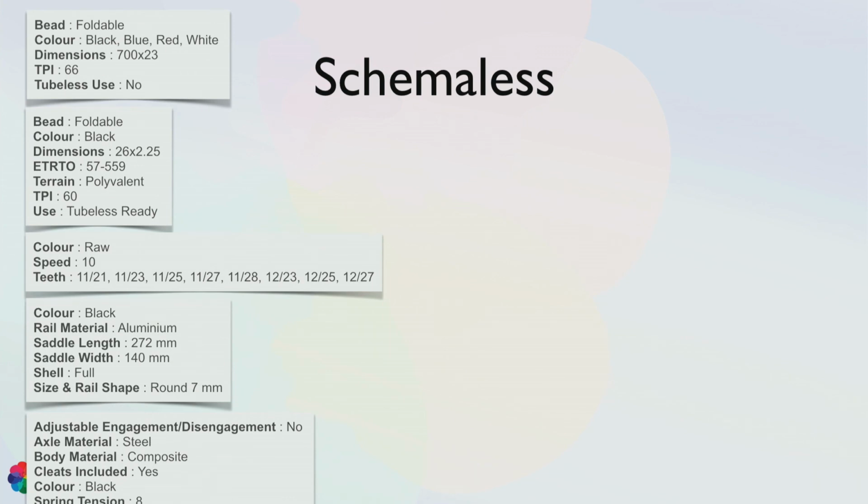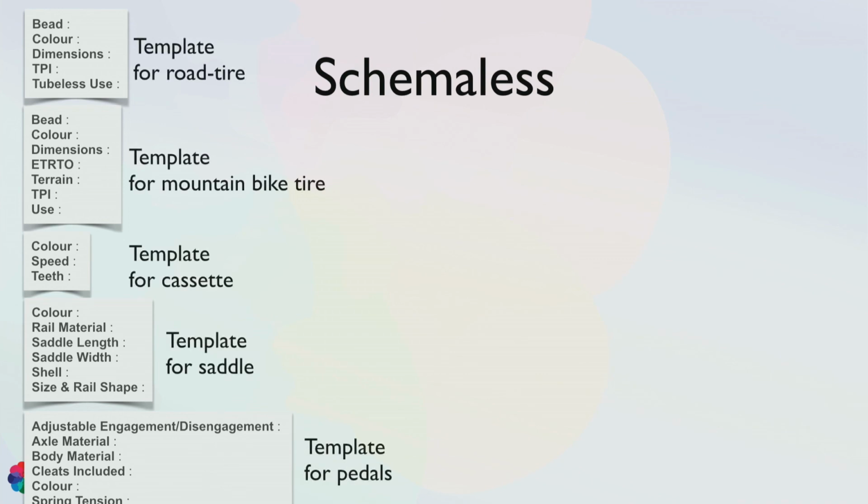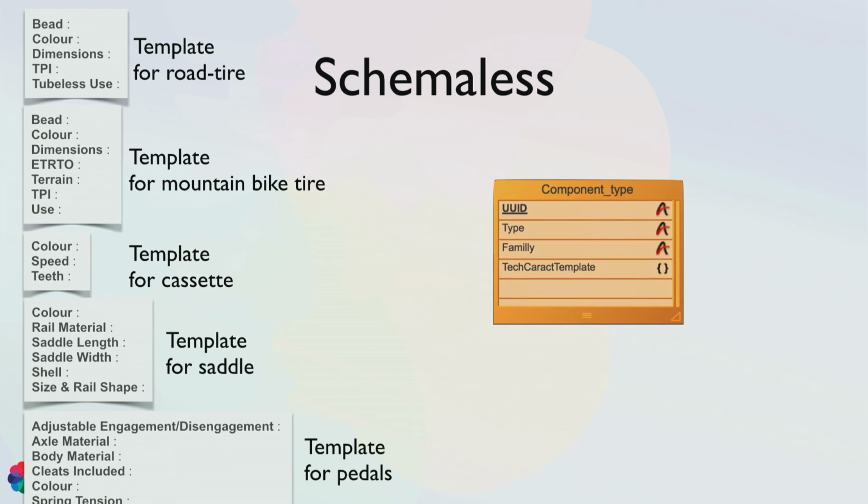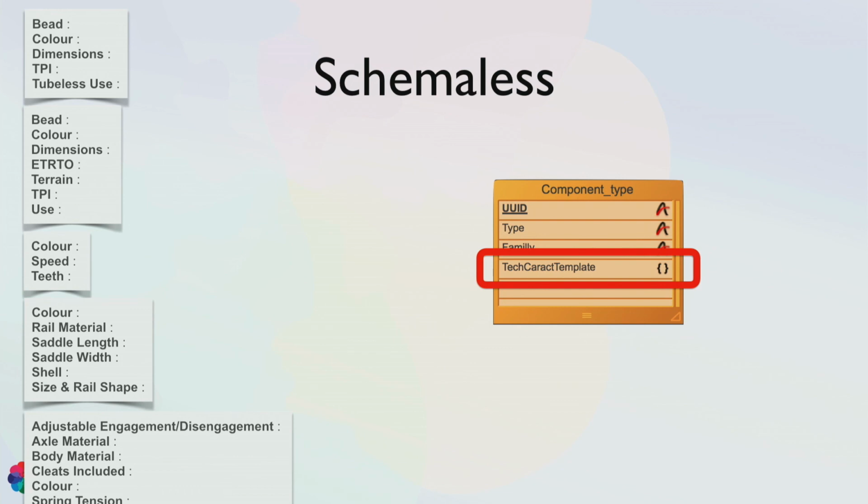All this information, you remove the data, just the attributes, and now you have a template. You can draw a new table, component type, with an object field, take this template, and store in records all the templates, one for each type of component.